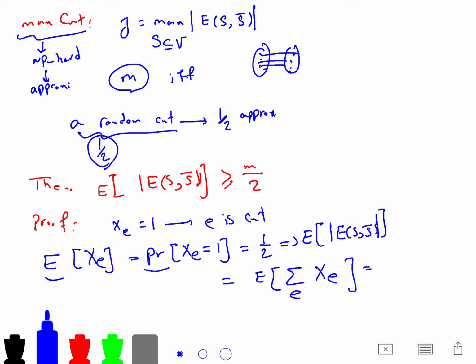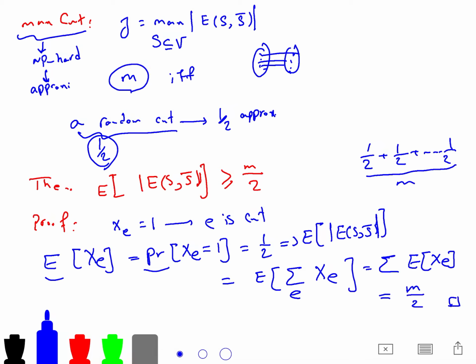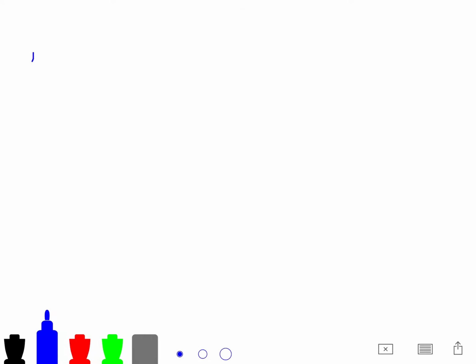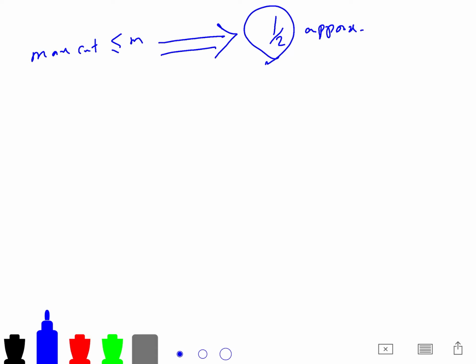By linearity of expectation, this becomes the sum of the expectations of x_e, which is 1/2 plus 1/2 and so on, and we have m edges, so this becomes m over 2, and this is the end of the proof. So we observe that since max cut is less than or equal to m, the random cut gives a half approximation. So the problem is, can we do better than a half approximation?